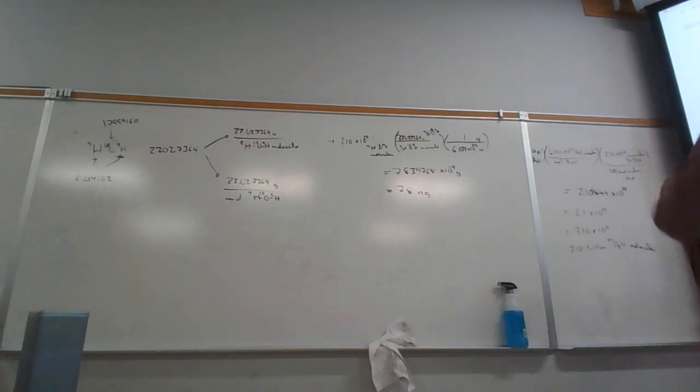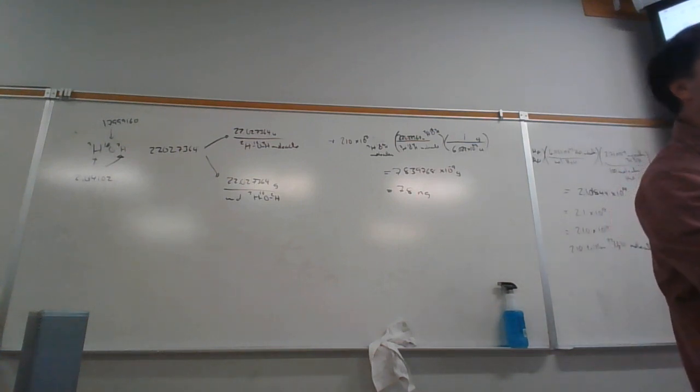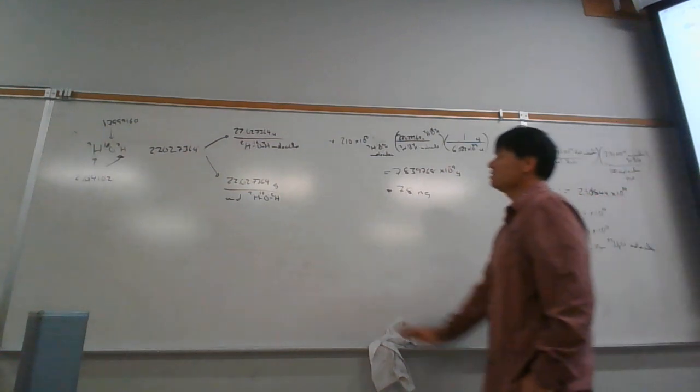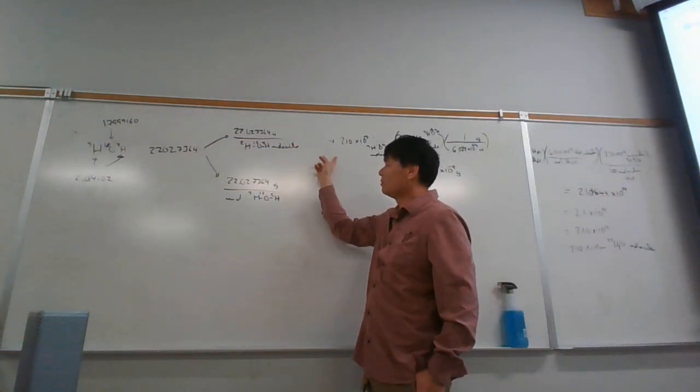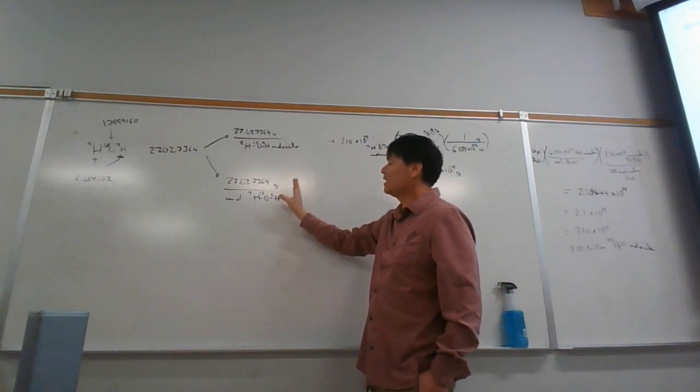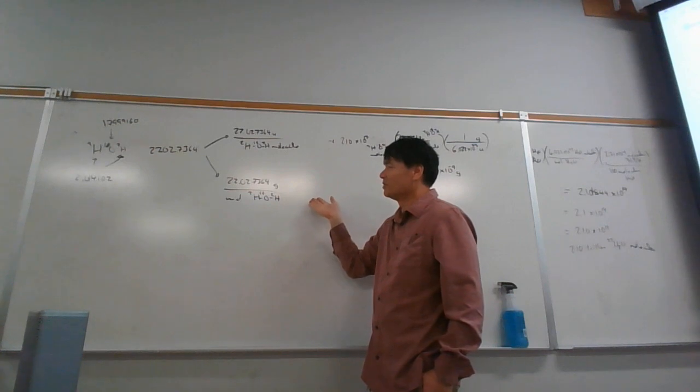And that's what's in all the books. In all the books, it's 1.66 times 10 to the minus 24 grams per U. The disadvantage of knowing this one is you'd have to remember the conversion from U to gram. The advantage of using the other one is you don't need to know the conversion from U to gram.